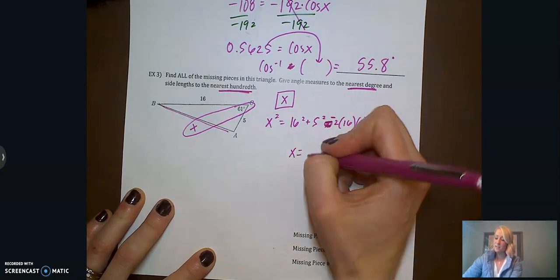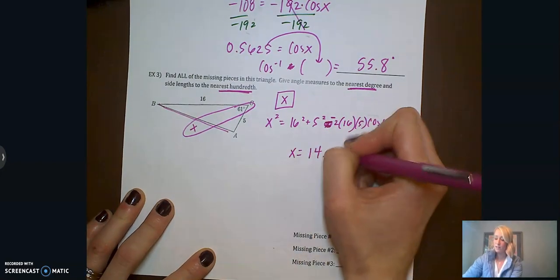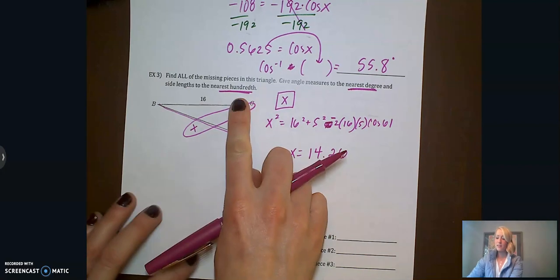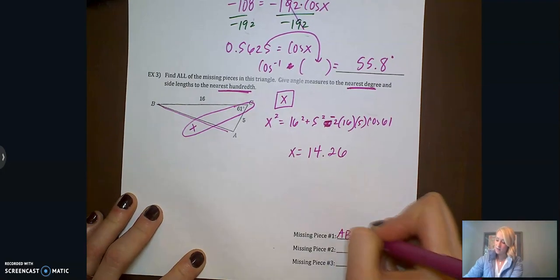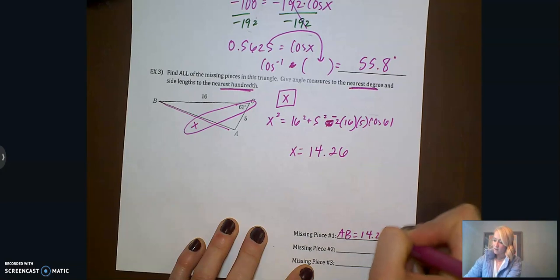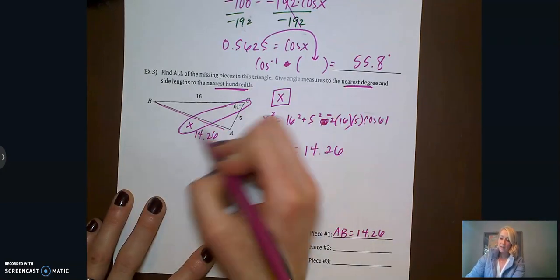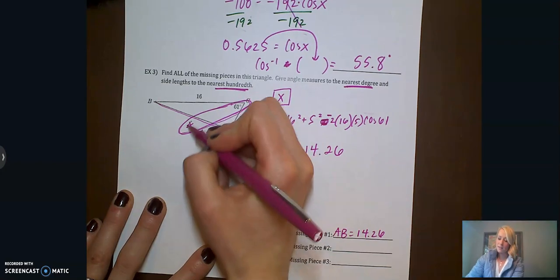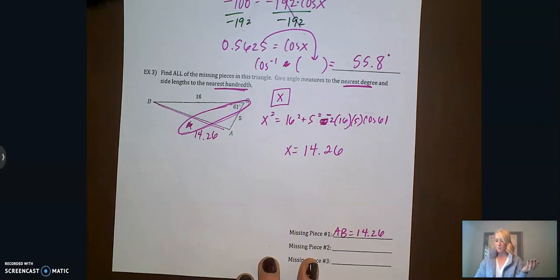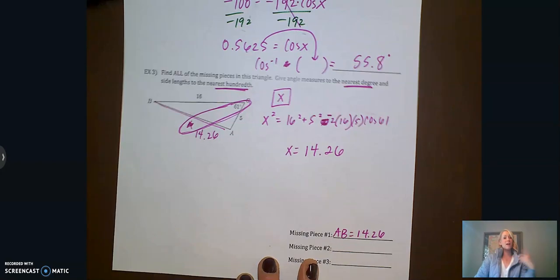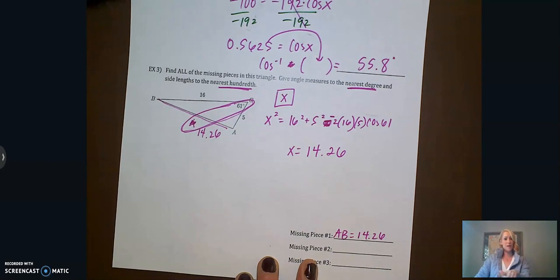Okay, so if you didn't get this, the answer for x is 14.26 to the nearest hundredth. So that's side AB. Cool. Put that on the picture. So now I have a complete pair, basically. So I need to find another piece. I could make another pair because I can throw in a variable now since I don't have x anymore.